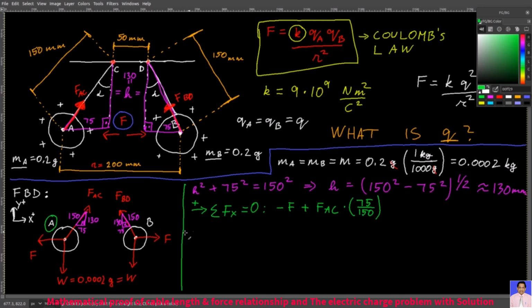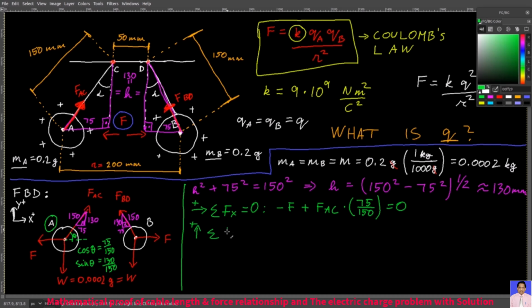This ratio essentially is cosine theta. If this is your angle theta, then cosine theta would be 75 over 150. And then sine theta would be 130 over 150. And so this equation equals 0.